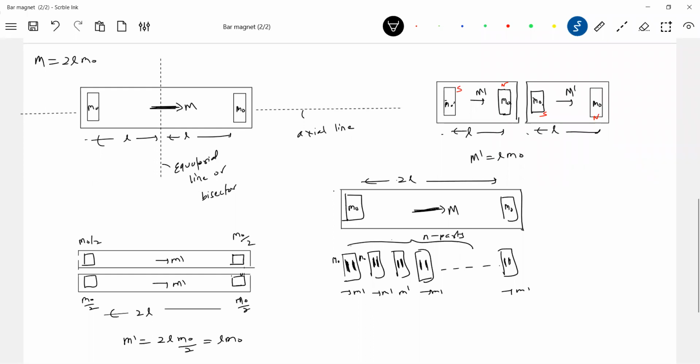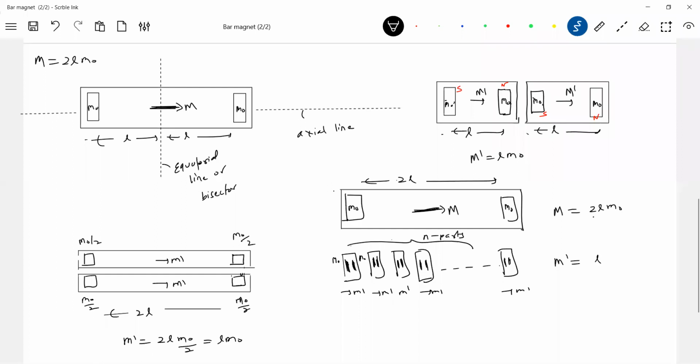Then what is m dash? First we'll write M. What is capital M? Capital M is equal to 2L into m naught. What is the length of each small part? I cut it, so m dash should be equal to, the pole strength will be as it is. What happened?